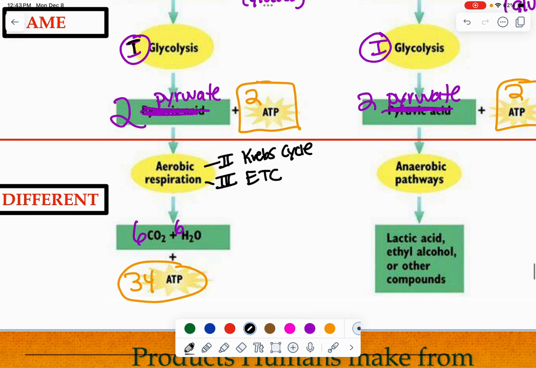So here's phase 1, glycolysis. Remember Krebs cycle, you get 2 ATPs. The electron transport chain, you get 32 ATPs.